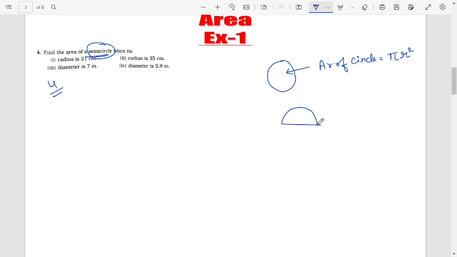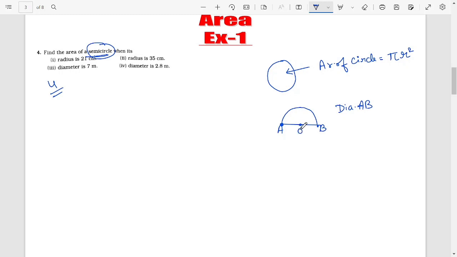So in order to find the area, this line AB is known as the diameter. Diameter AB. If we talk about radius, half the length of this diameter is known as radius.